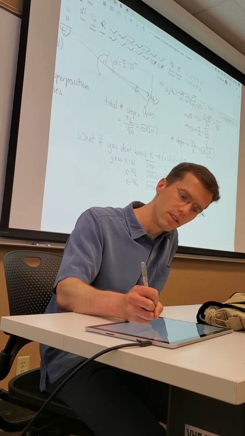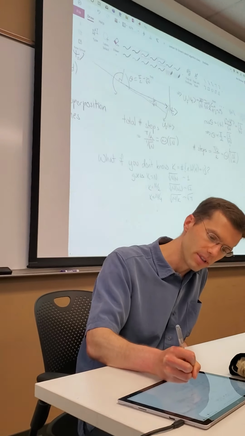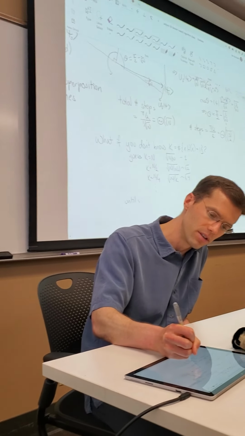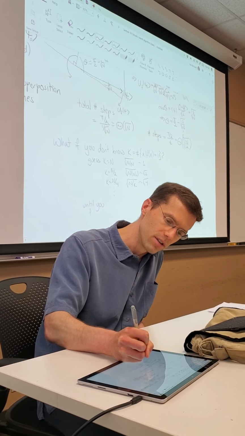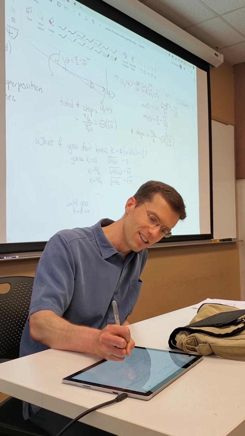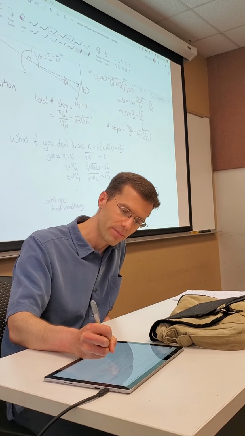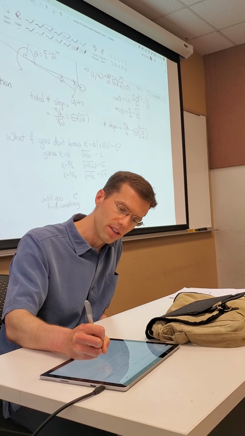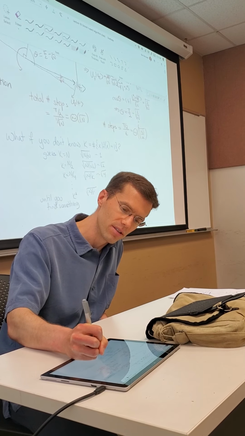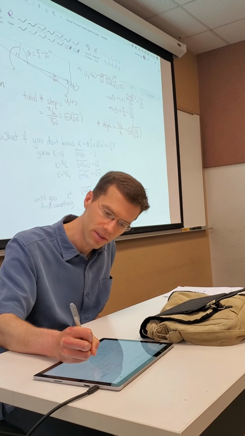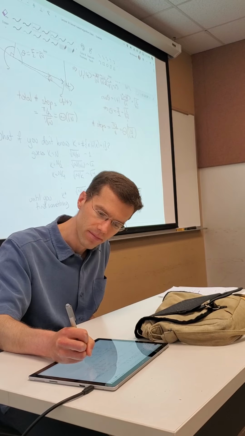And so on, until you find something. So if you stop at k star, then it's square root of n over k star.